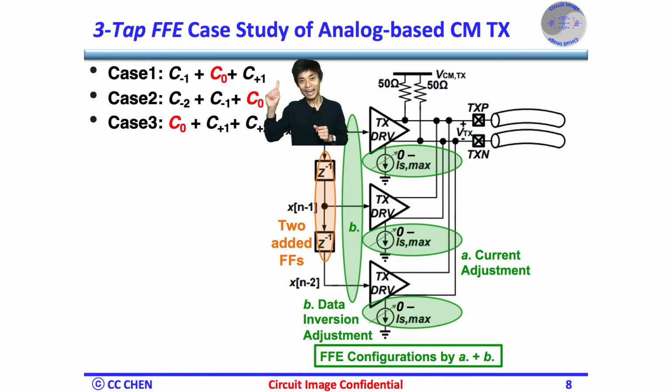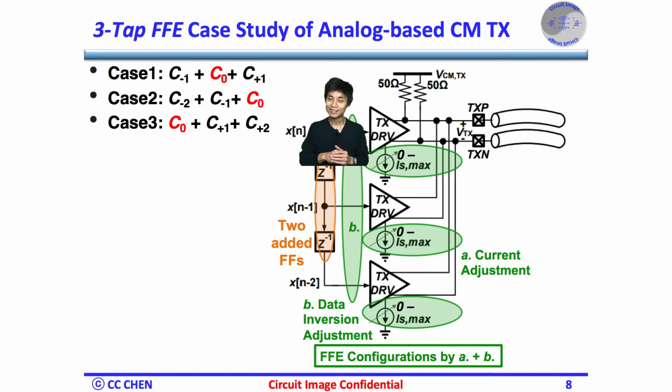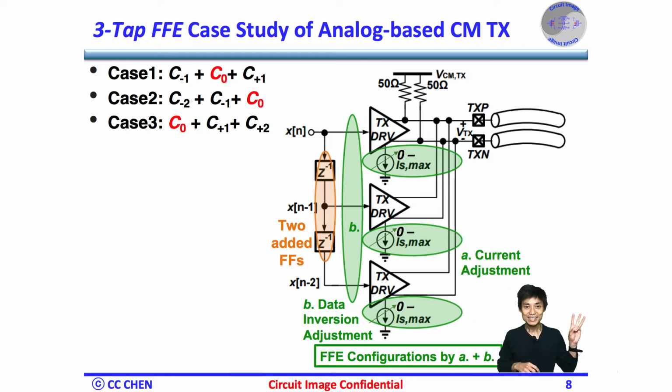Case 1, 1 precursor tap plus 1 main cursor tap plus 1 post cursor tap. Case 2, 2 precursor taps plus 1 main cursor tap. Case 3, 1 main cursor tap plus 2 post cursor taps. These 3 cases can be implemented easily at the tail current source and the corresponding data inversion.